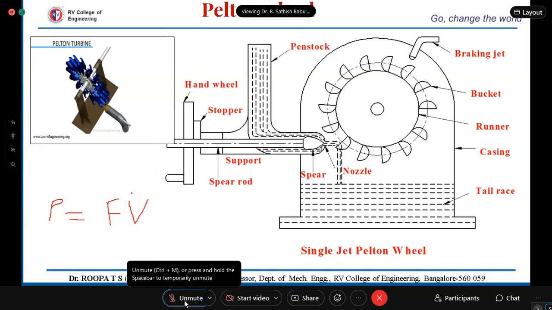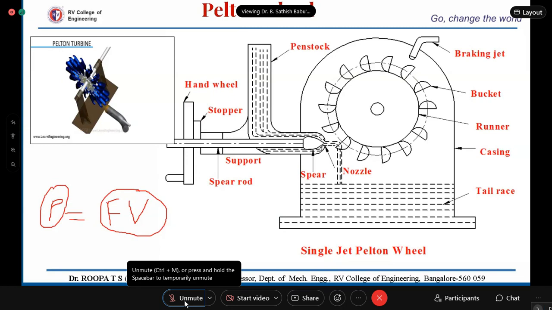If the velocity of the bucket is 0, there is no power developed because there will not be any impulsive force. If there is no impulsive force, the bucket will not be set into motion, so the power generation will be 0. So if any one of them goes to 0, the power will be 0.